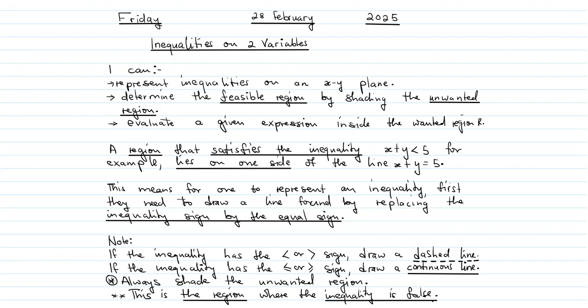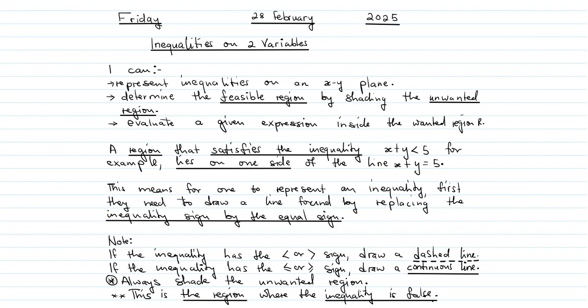And then next, you should be able to determine what we call the feasible region by shading the unwanted region. And then finally, you should be able to evaluate a given expression inside the wanted region R.